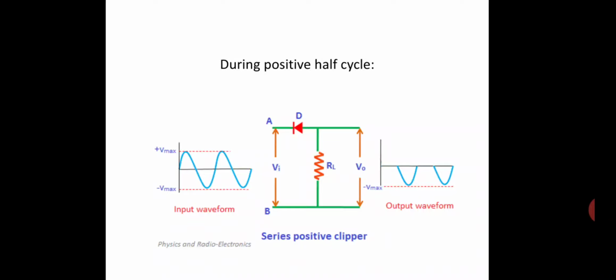Again positive input: the same cycle repeats and the positive is not received at the output because the diode is reverse biased. Again negative input, the diode is forward biased and the output comes at RL.